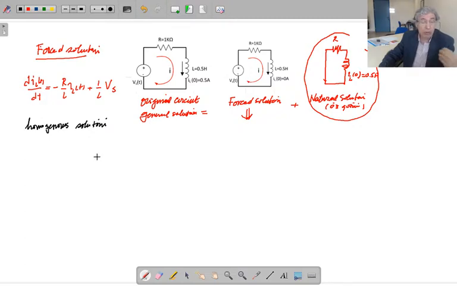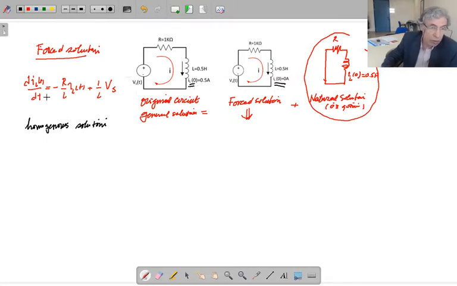In this solution, what's going to be the difference between this one and the first solution? In this one, I am going to consider the initial condition equal to 0. In the mathematical solution, I was using the initial condition. That is the only difference.